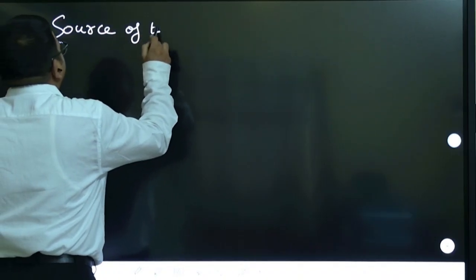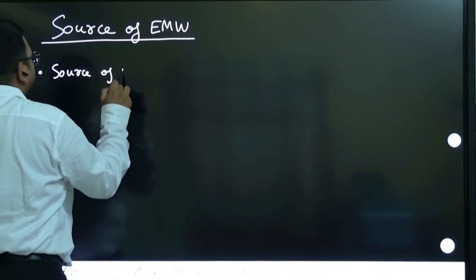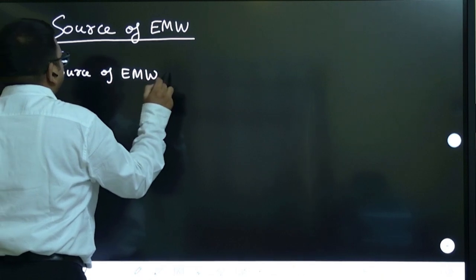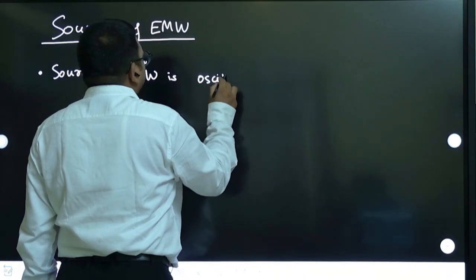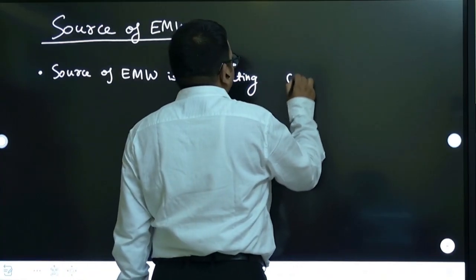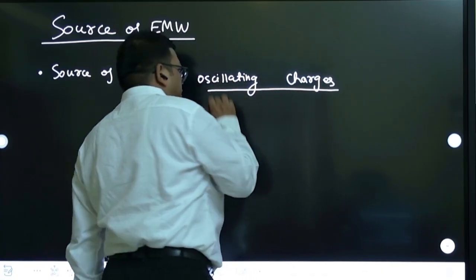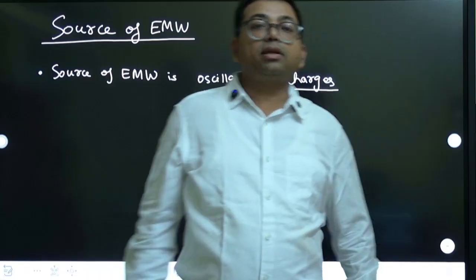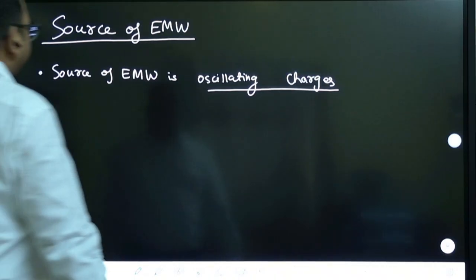Source of EMW is oscillating charges. So if the charges are oscillating, it will produce oscillating electric field or oscillating magnetic field.